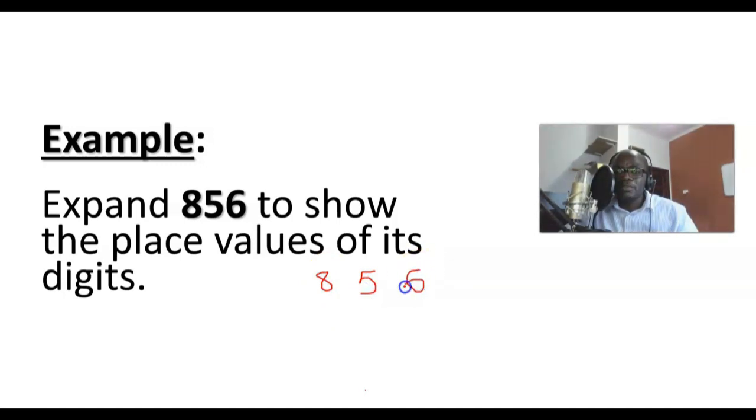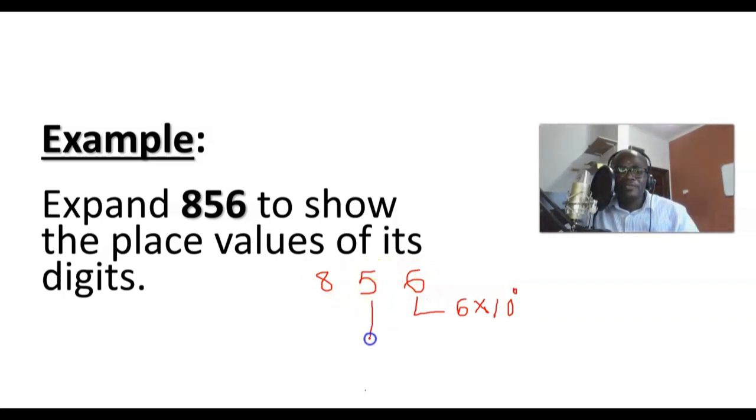So this number is in base 10, and what this means is each of these digits can be expressed with a base of 10. So, for example, this occupies the ones position, and we can express it as 6 times 10 to the power 0. Okay, what you have here are ones, tens, hundreds.